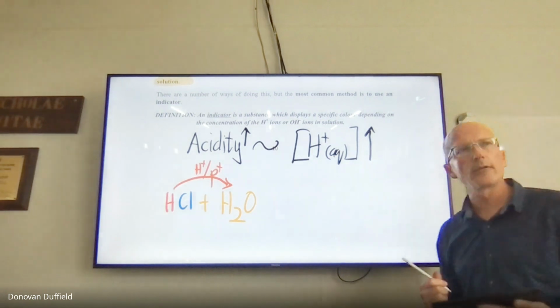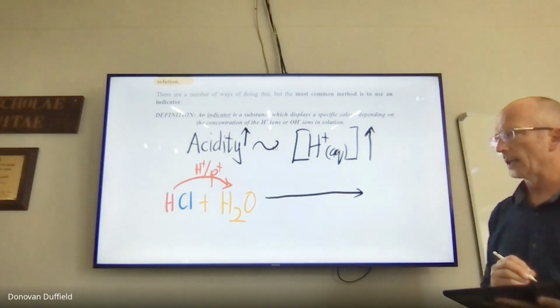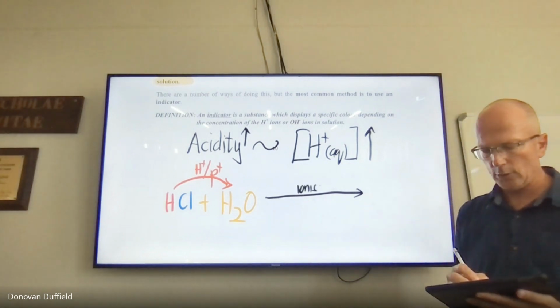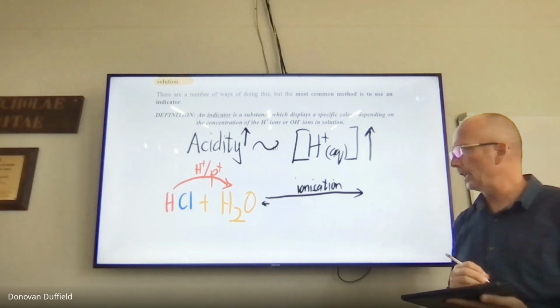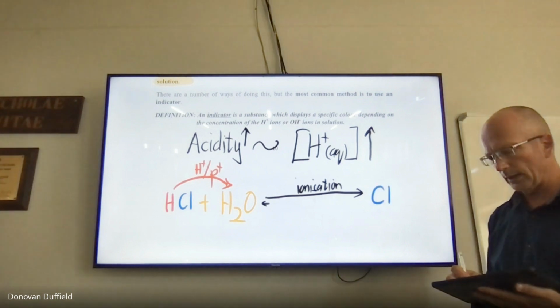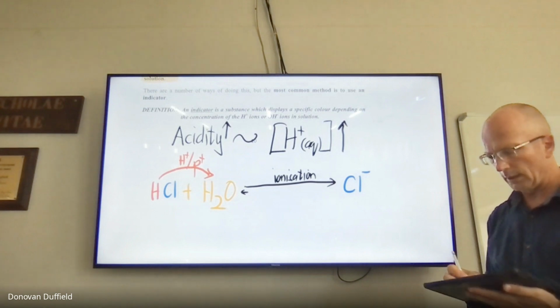In the case of hydrochloric acid, it's a strong acid, so the ionization process is going to be very dominant. The recombination is tiny. We're going to land up with a chloride ion and a hydronium ion.